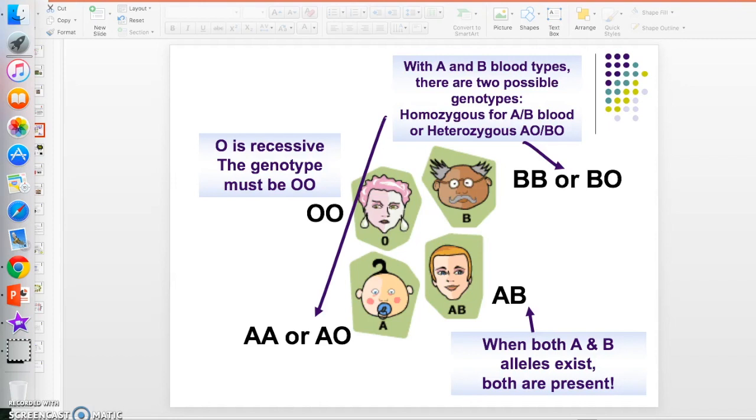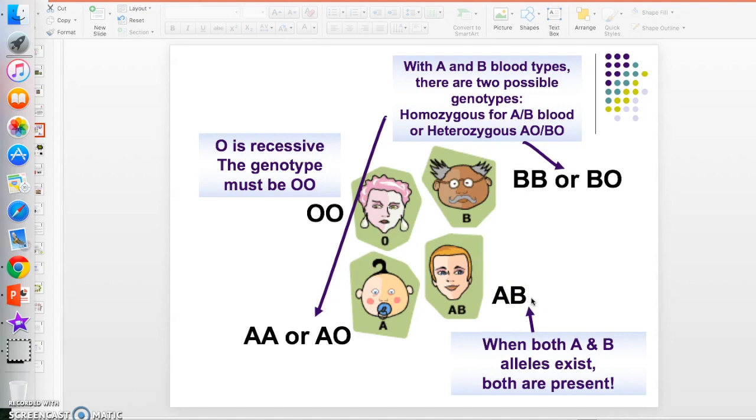Although there are only 4 phenotypes for blood type, there's several allele combinations that you can inherit from your mom or dad. If you have O blood, O is recessive, so your alleles must be an O and an O. A and B are codominant. A and B are both dominant.